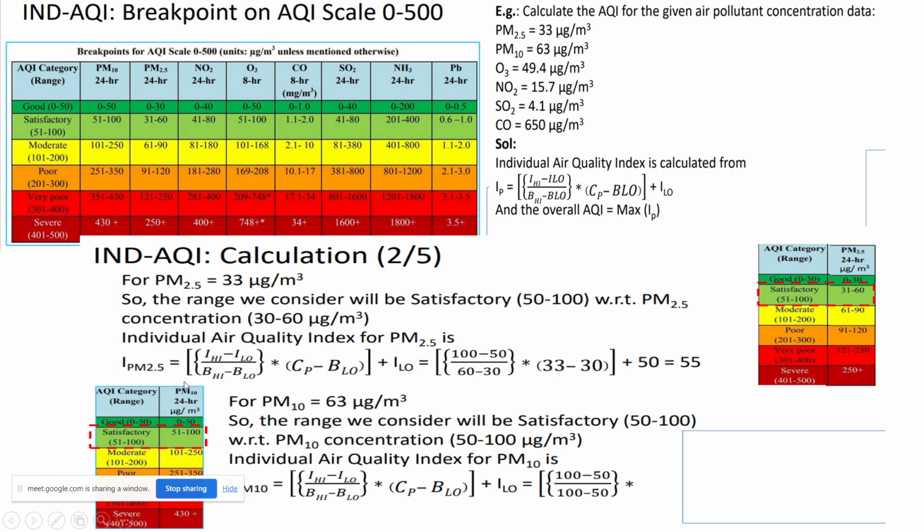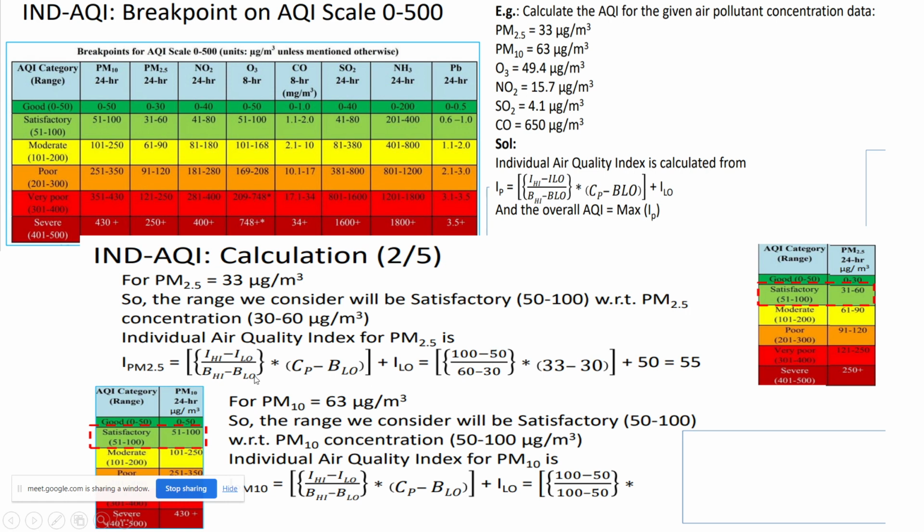That's why the higher limit is 100, and here the lower is taken as 50, and the higher breakpoint concentration is in this region, 31 to 60. This is the breakpoint concentration.